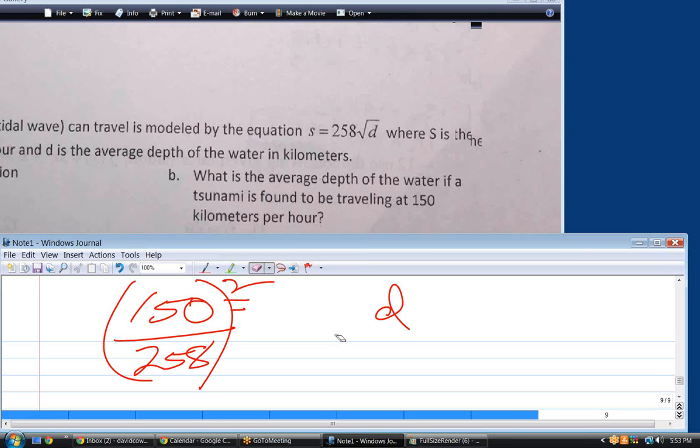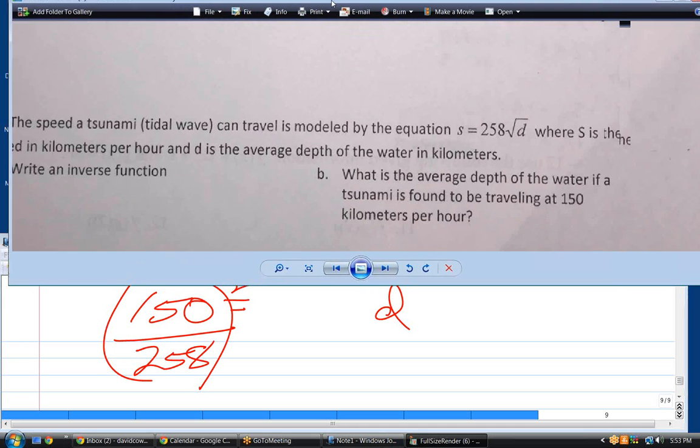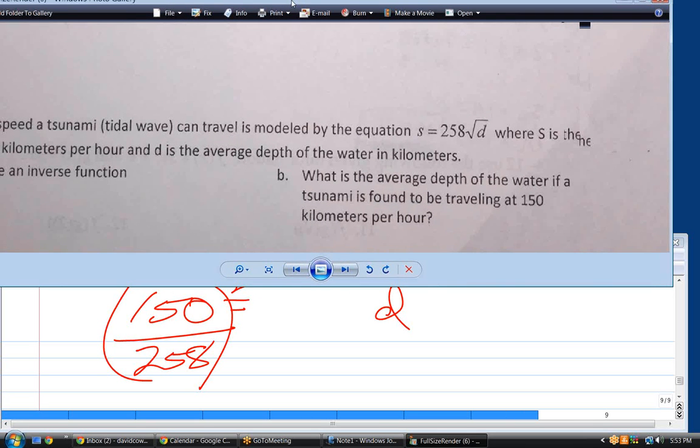Something's wrong here. We're going to come up with a number less than 1.